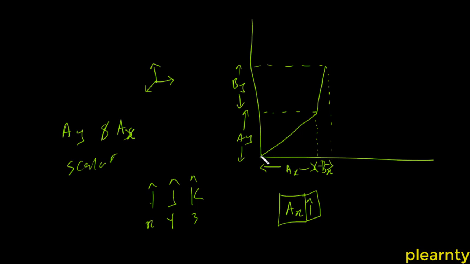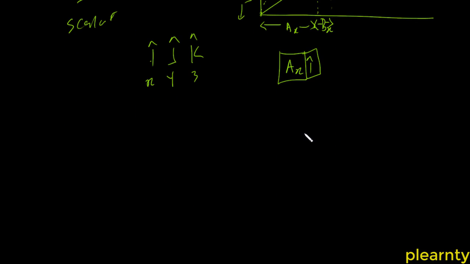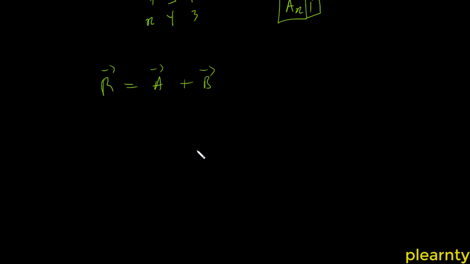We can add these two vectors together. Let's say the summation of the two vectors gives us R, which is the resultant from here to here. We could say R is equal to A plus B. R vector is equal to A plus B.